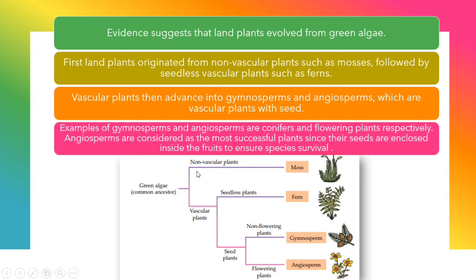Then the green plants evolved into vascular plants. Vascular plants are divided into seedless plants and seed plants, and seed plants are divided into non-flowering plants, which are gymnosperms, and flowering plants, which are angiosperms. So this is the evolution of the green plant.